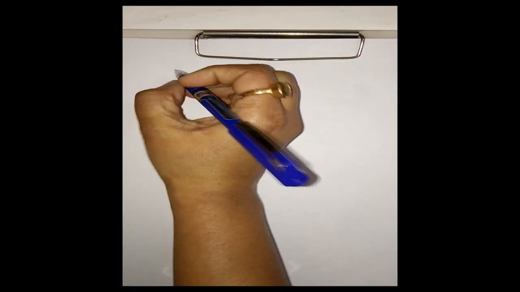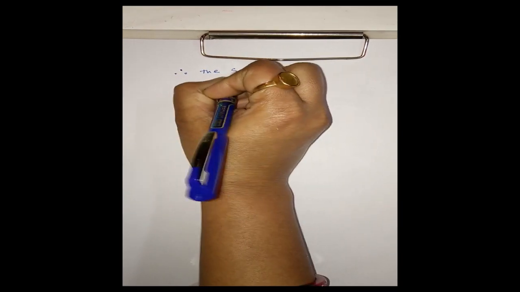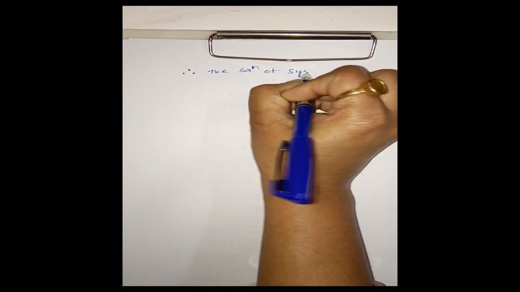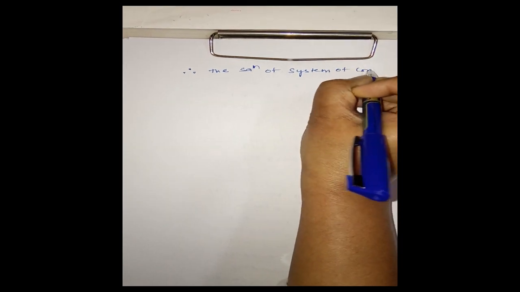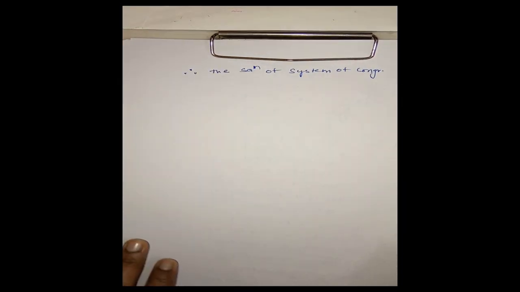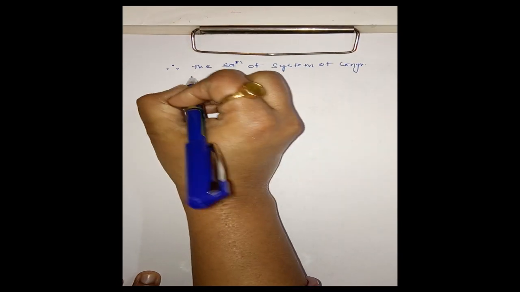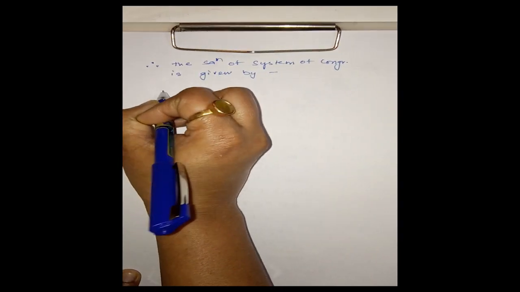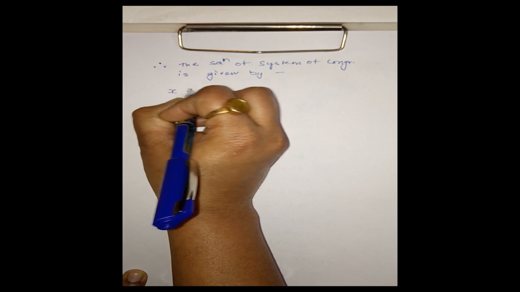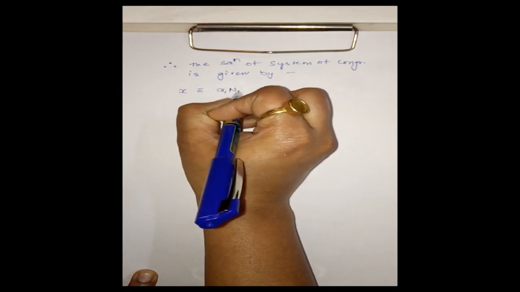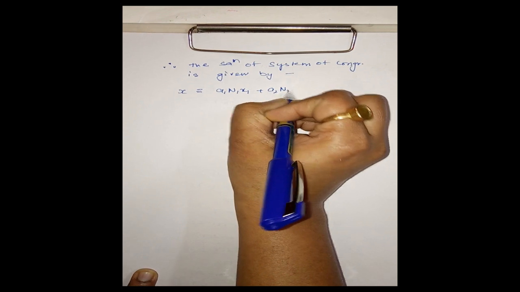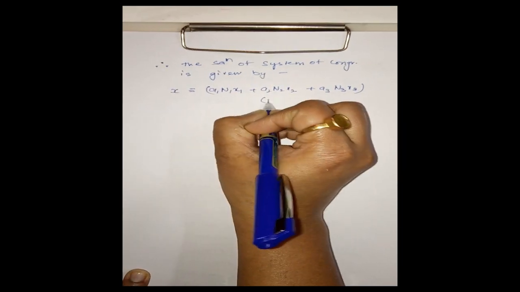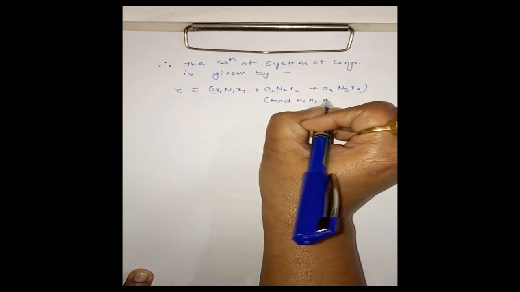Therefore, the solution of the system of congruences is given by x is congruent to a1 n1 x1 plus a2 n2 x2 plus a3 n3 x3 modulo n1 n2 n3.